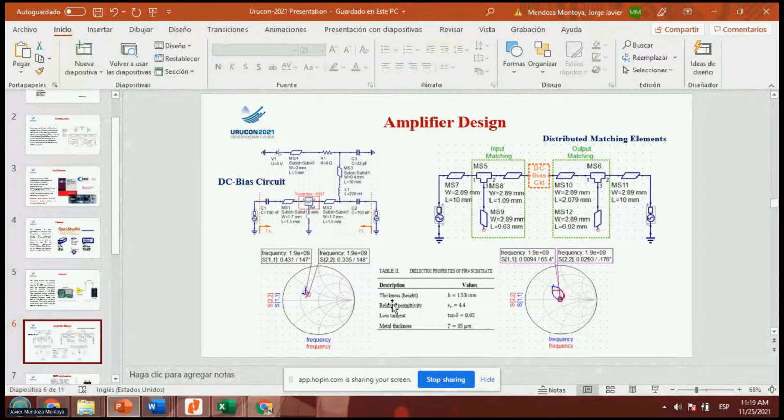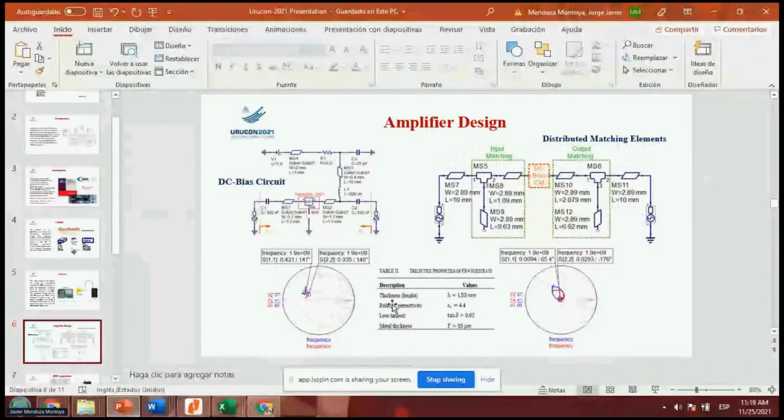As we can see below, on the Smith chart, both input and output impedance are mismatched. So the task in this project is to design this amplifier using distributed elements. For this goal, we designed the input and output matching networks in order to match this amplifier.